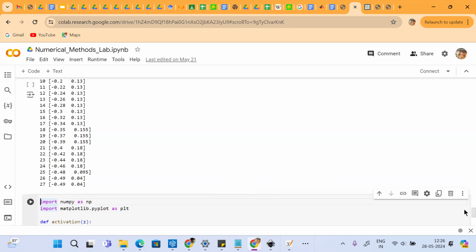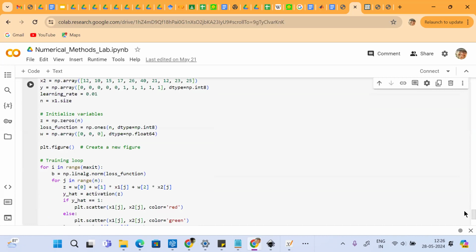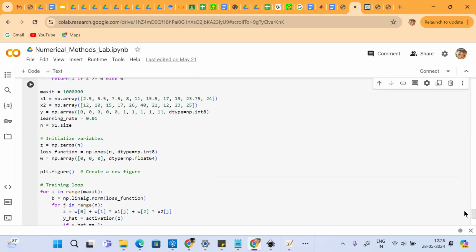Now I will try to show you the next model where exactly the same, but instead of just motor age, we will have motor's age and also the temperature of the motor. Okay. So then we will see, if you plot, we will have two features, x1 and x2. One is the motor age and another is the temperature.